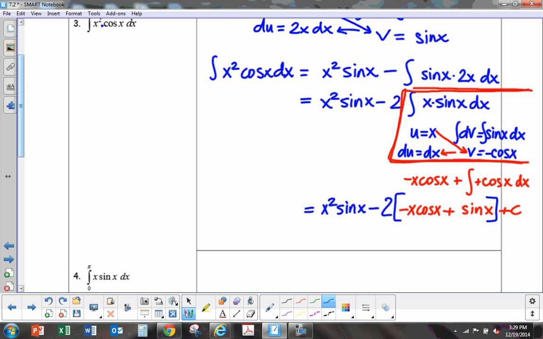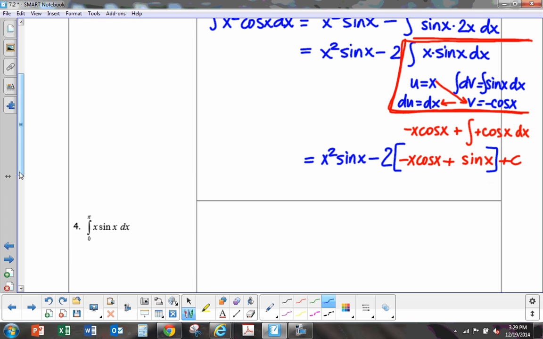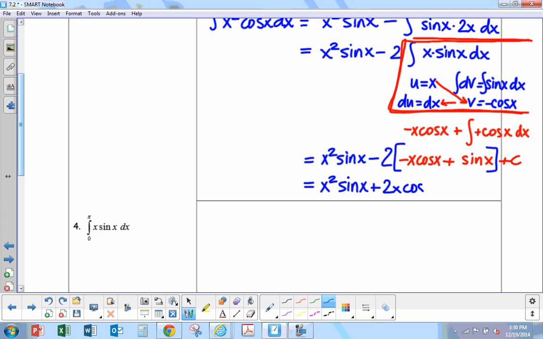I can lump it all together. But I am going to have to distribute the negative 2 to my other components. So I will get x squared sine of x plus, because I have a double negative, 2x cosine of x minus 2 sine of x, and then plus c.